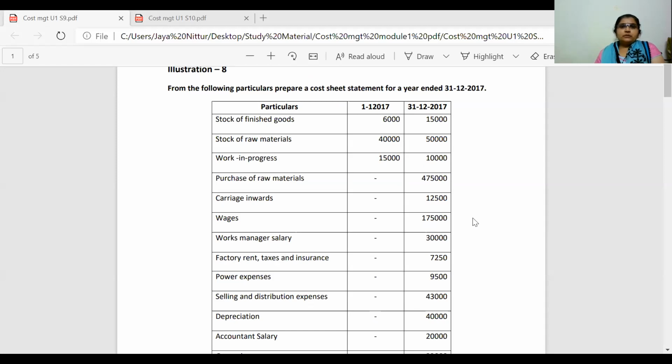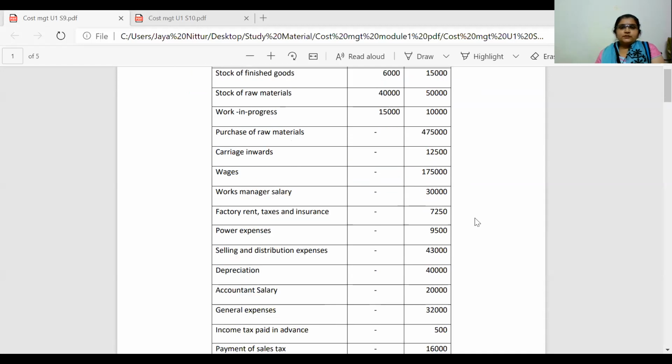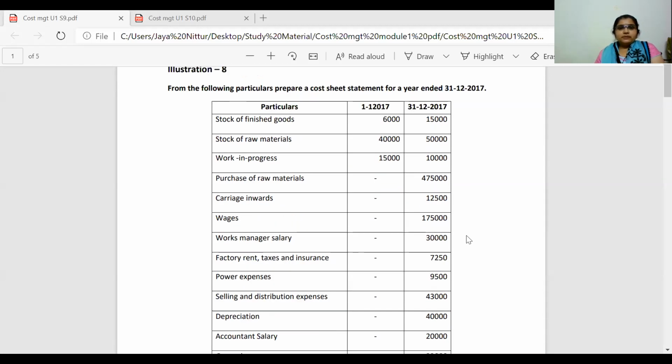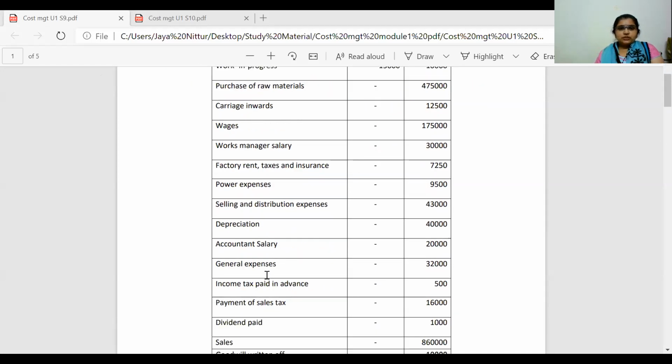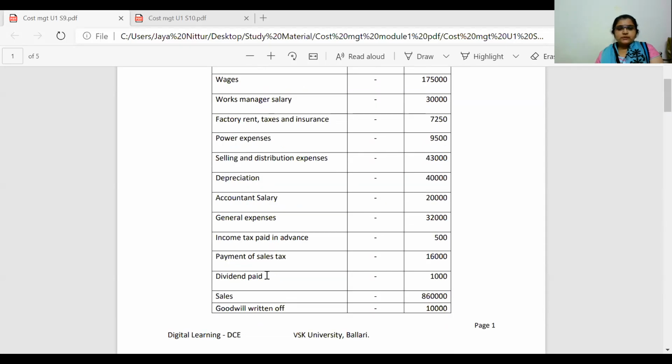From the following particulars, prepare a cost statement for the year 31st December 2019. Here are some particulars: stock of finished goods, stock of raw materials, work in progress, purchase of raw materials, carriage inwards, wages, works manager's salary, factory rent, taxes and insurance, power expenses, selling and distribution expenses, depreciation, accountant salary, general expenses, income tax paid in advance.